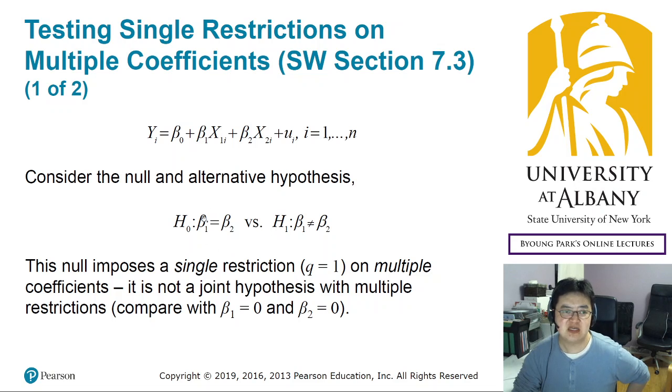In that sense, it is a joint hypothesis. However, there is only one equality, so there is no 'and' or 'or'. It is just one equality, just right or wrong. In that sense, it is one-dimensional. Then, is it a single hypothesis or a joint hypothesis? We will discuss how to handle this kind of problem. It will also be very interesting.